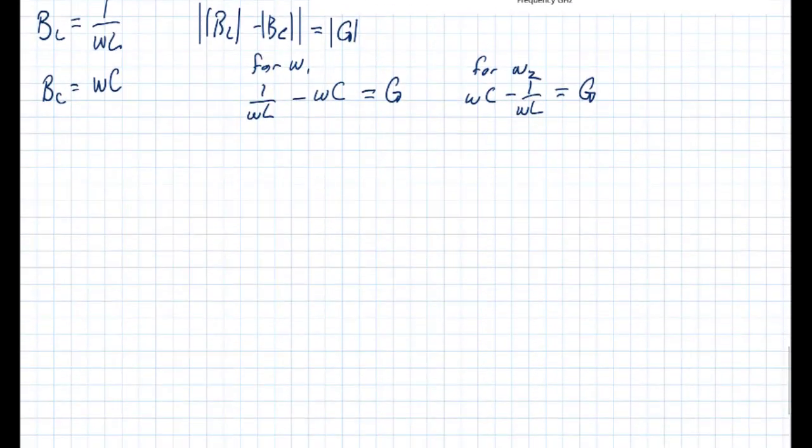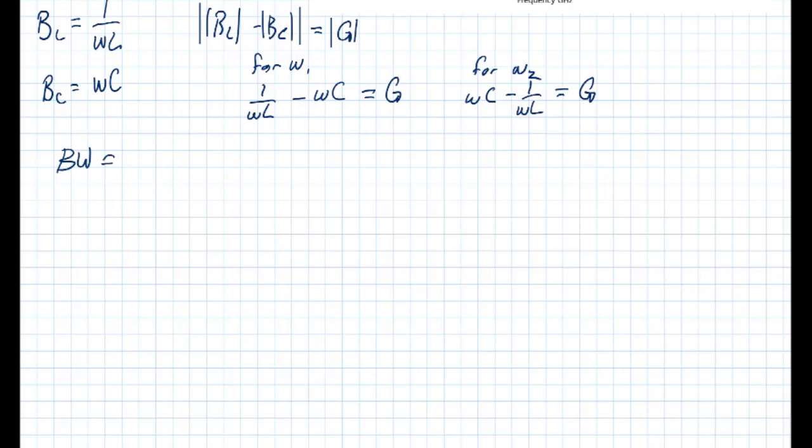what we can do is solve for omega, because we want to come up with a term for the bandwidth. And let me just write down the bandwidth is going to be bandwidth. I'll use a 2-letter BW to represent the bandwidth. It's the upper frequency minus the lower frequency.